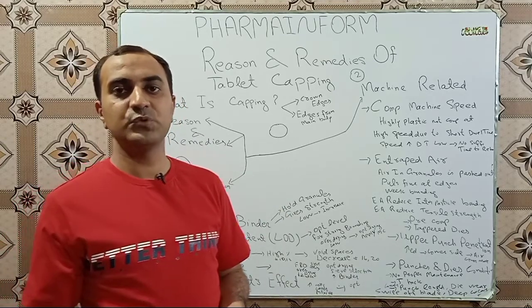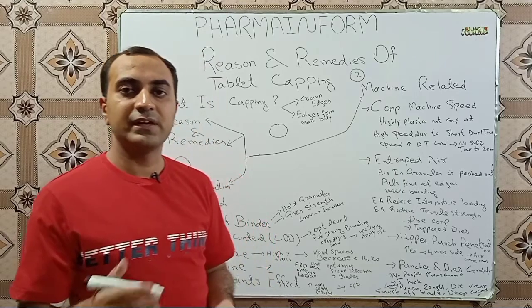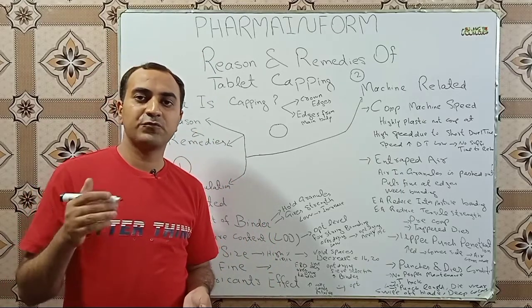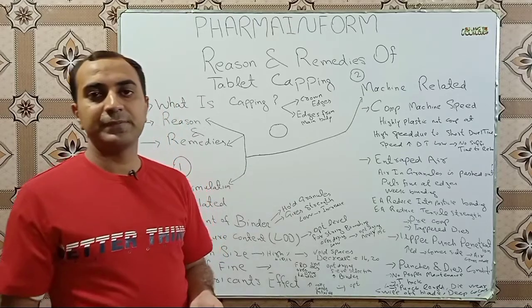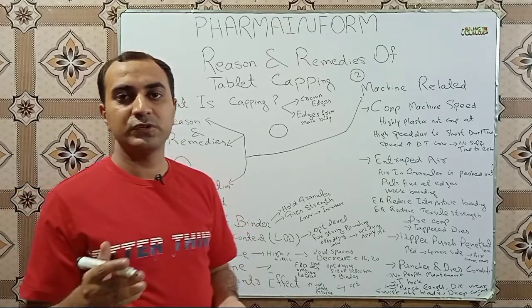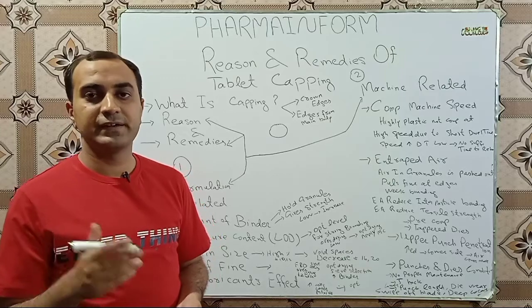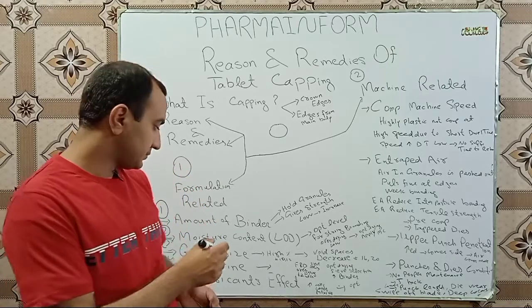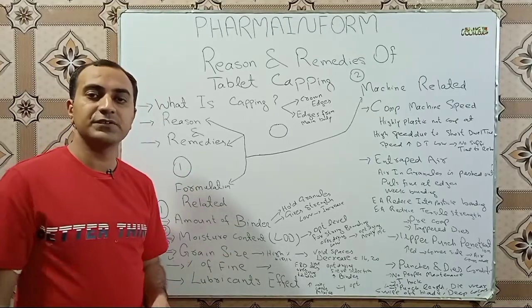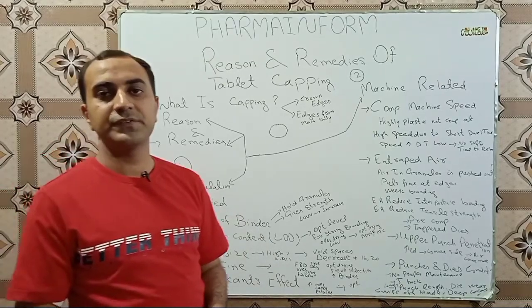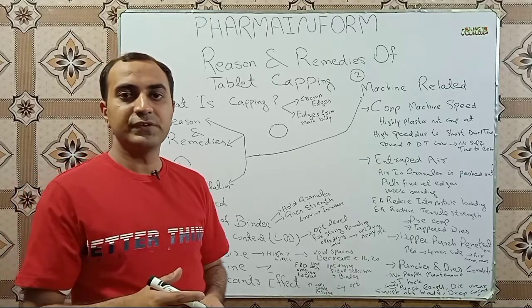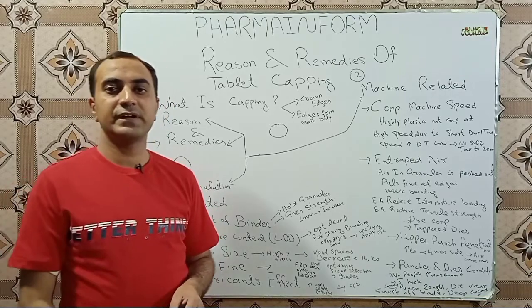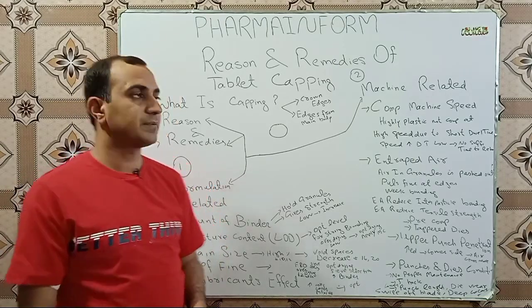We will have to reduce granule size. The next step is percentage of fine. More fine will also promote tablet capping, so we will have to control the percentage of fine and granules ratio. The next reason is lubricants, so we will have to use optimum concentration and optimum mixing time for lubricants.